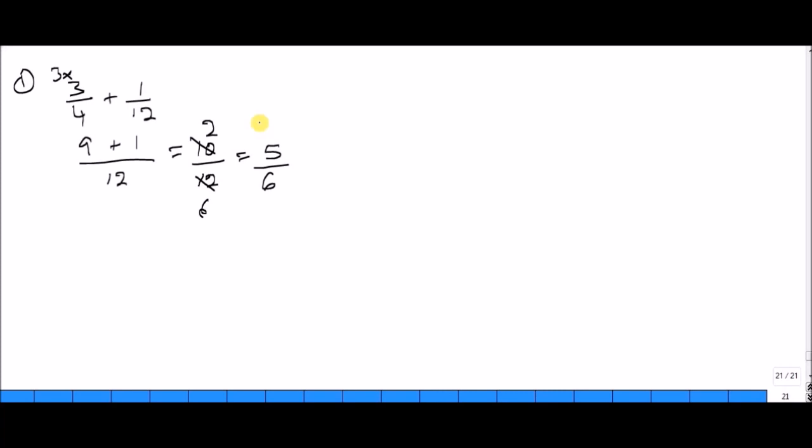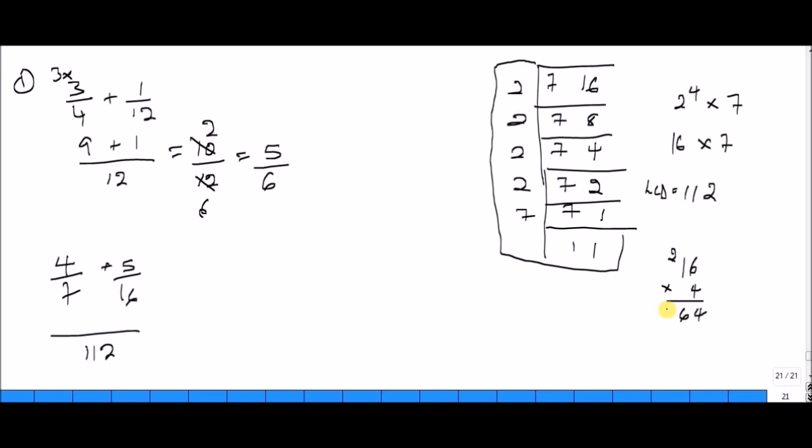Number 2. So for number 2, we have 4/7 plus 5/16. To find the LCD for that, using the prime factorization approach, we say 2 into 7, we can't because it will leave a remainder.